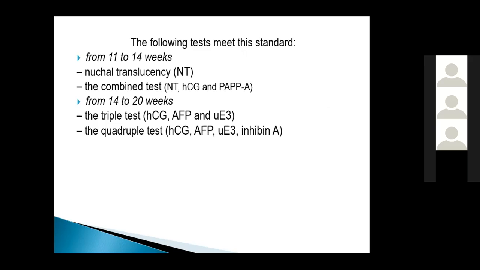From 14 to 20 weeks, the patient presents to you, meaning she didn't come to you in the first trimester, then the triple test, that is HCG, AFP, and estradiol level, and the quadruple test that contains HCG, AFP, estradiol, and inhibin.